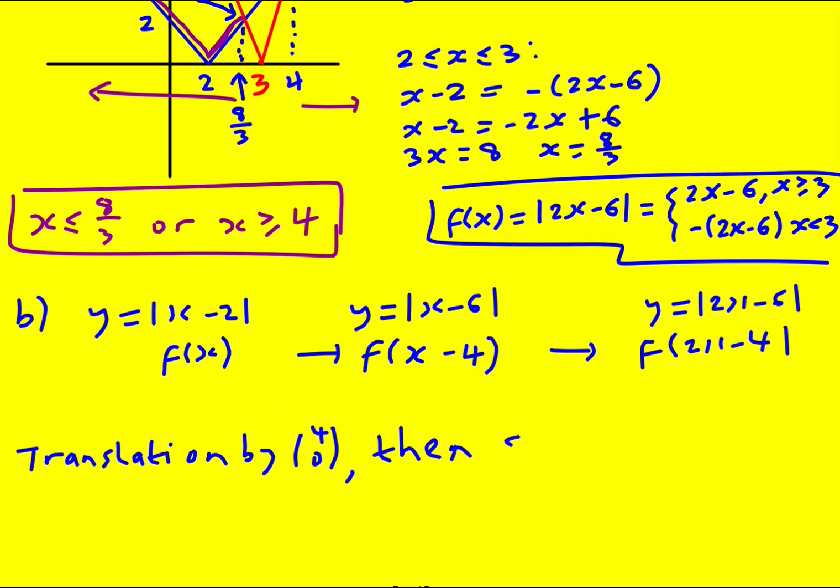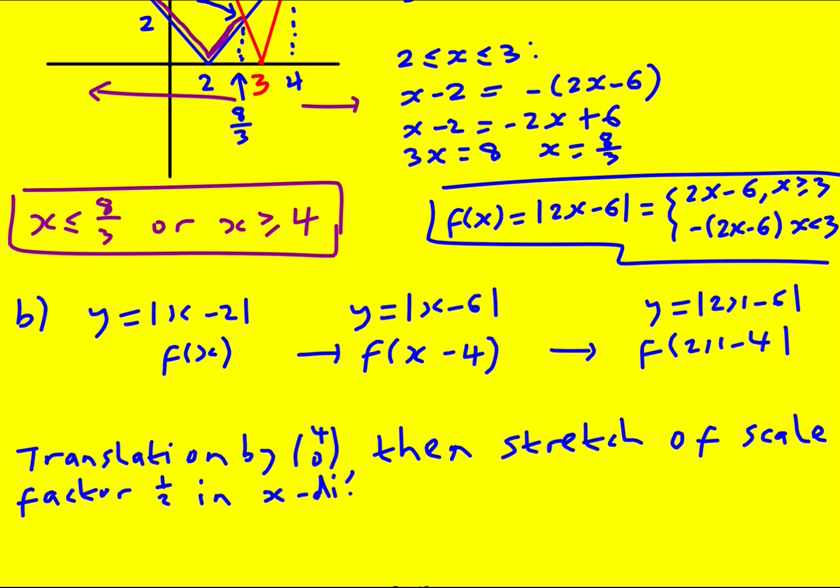So it's going to be a stretch. Because I'm timesing by 2 inside, it's going to be a stretch of scale factor a half in the x direction. Parallel to the x-axis, I prefer saying in the x direction.